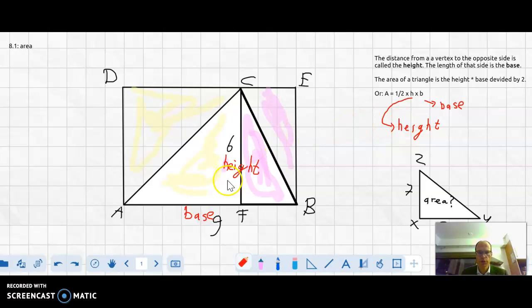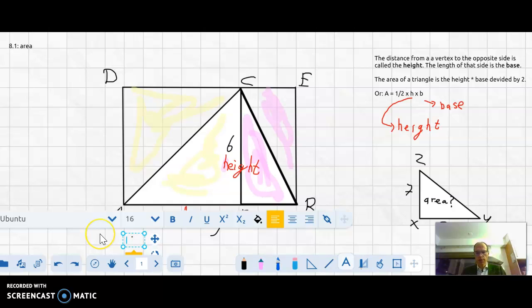Well, how do we do it over here? Try it for yourself for just a few seconds. Pause your movie. Okay, let's see if you've done it correctly. We need to calculate the area, and the area, I'm going to type it, area is half times the height times the base.